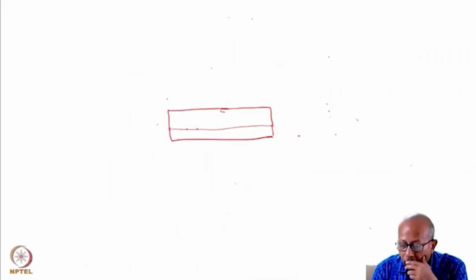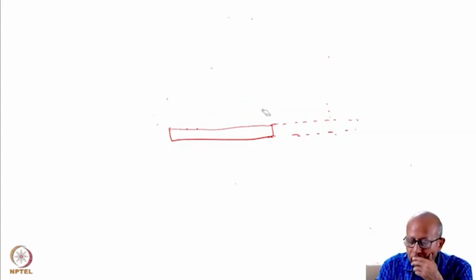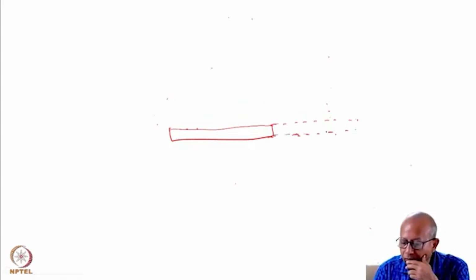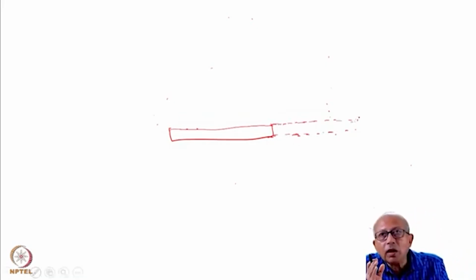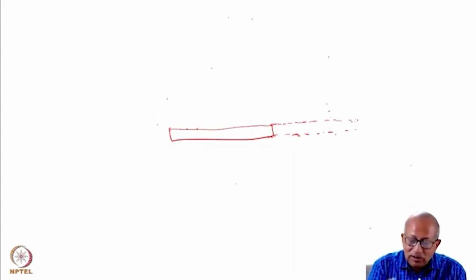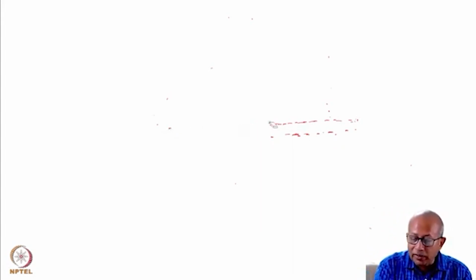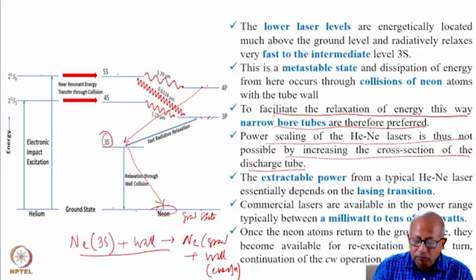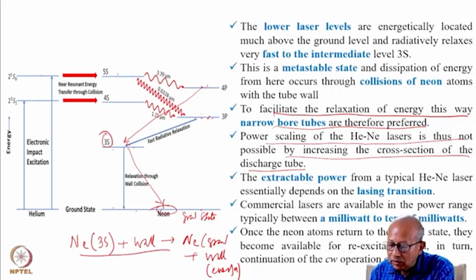So the only alternative is to increase the length. But you cannot increase the length indefinitely. It is limited. You cannot keep on increasing the length to any value. So this is the reason why the maximum power that can be obtained from a helium neon laser is limited.